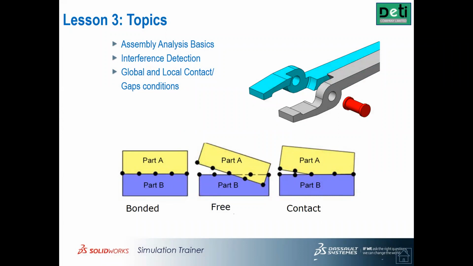You can see part A and part B, which are different materials, different parts. But when you take them into the simulation, the nodes at the contact surface will be the same. It's like it's bonded together to be the same part. When it moves, it will move together.